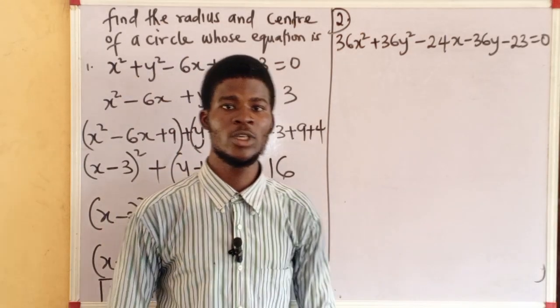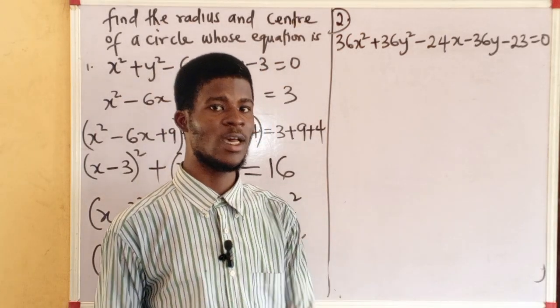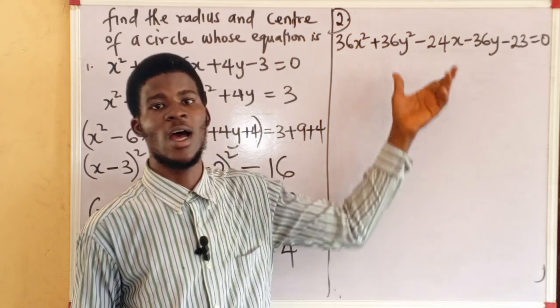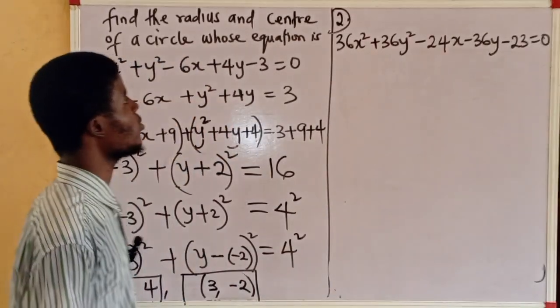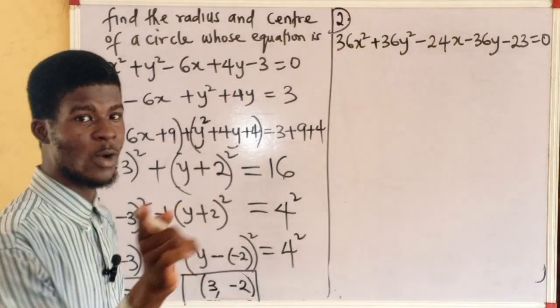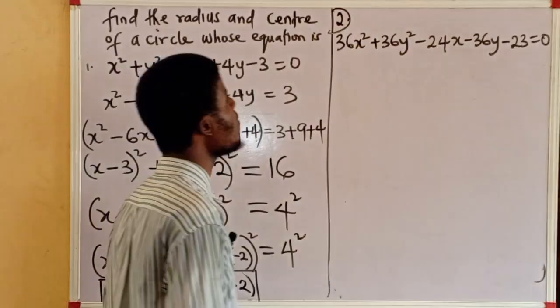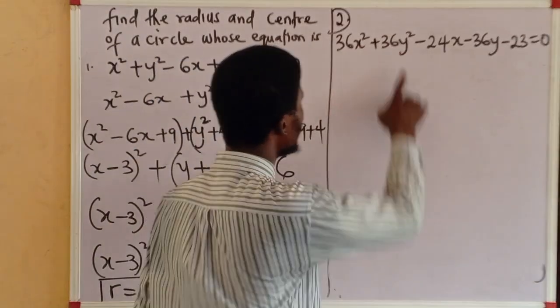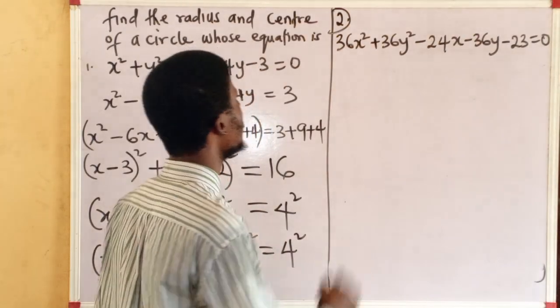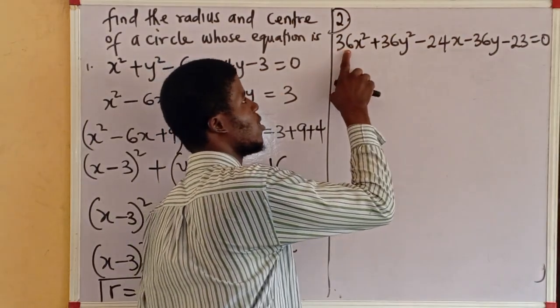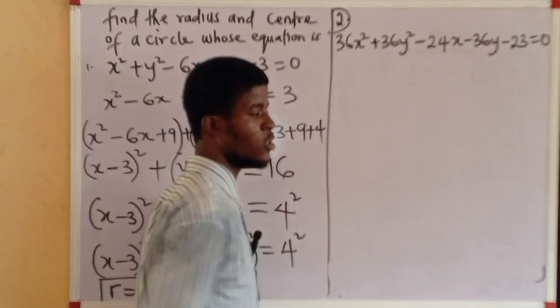So what now is the radius and the center of a circle that has this equation? One thing you should know about the equation of a circle is that the coefficients of x squared and y squared must be the same. Here it is plus 36 and here it is also plus 36.